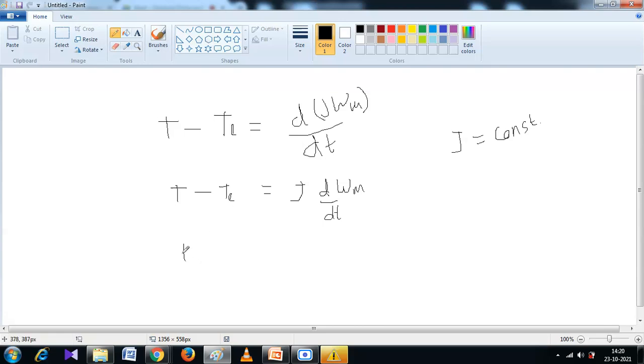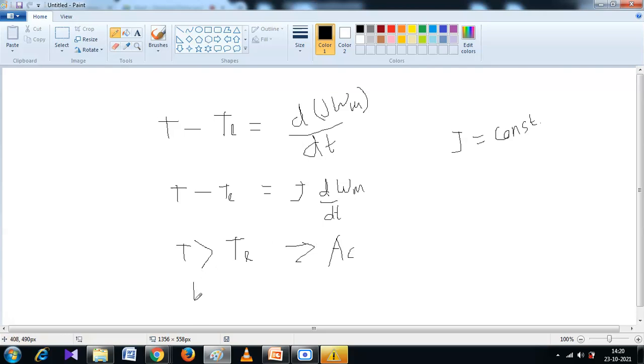Now, can you tell me, if T is greater than TL, what will happen? If the generated torque is greater than the load torque, is the motor accelerating or decelerating? Sir, accelerating, sir. Good. The motor is accelerating.